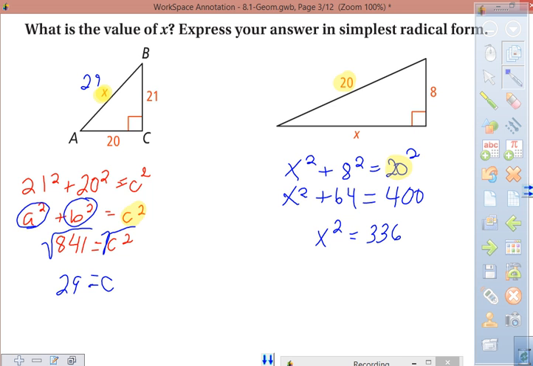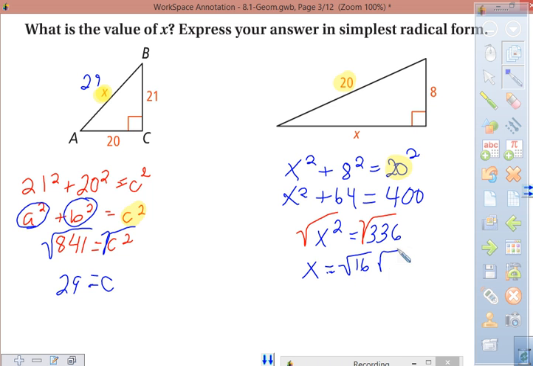To get rid of the square, we're going to take the square root of both sides, and x is equal to the square root of 336, which is not a perfect square. So then I need to simplify like we did yesterday in the homework. The biggest perfect square that I think of is 16, and I do that by using trial and error on my calculator.